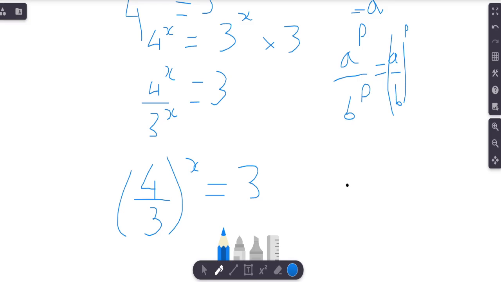Now we're going to use the property of logs. We are going to use the Neperian log, so log of a to the b equals b multiplied by log of a.